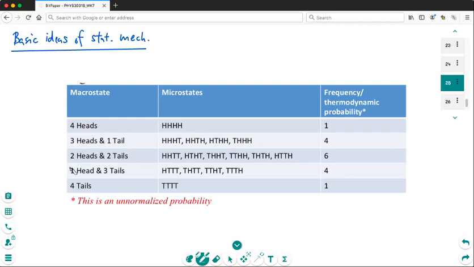Now here you might complain that these numbers are very close, 6 and 4. There's not much insurance policy available for you to guarantee that you will have this macrostate. If you have this complaint, congratulations. This is a completely valid complaint, and you should really appreciate it.